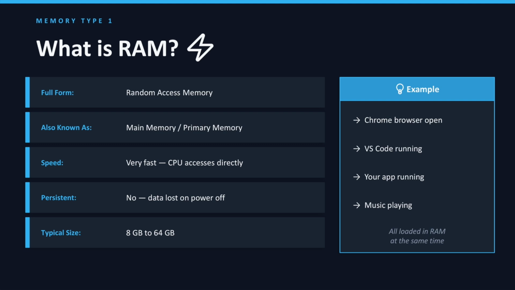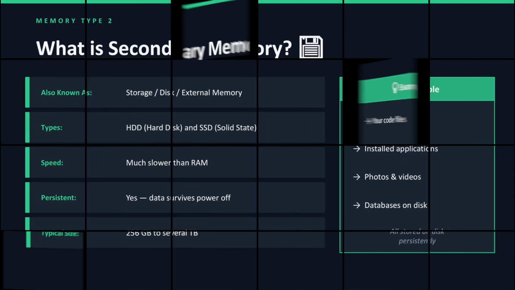The moment you switch off your computer, everything in RAM is wiped. In terms of size, most computers today have between 8 and 64 gigabytes of RAM. So when you have Chrome, VS Code, and your app all running at the same time, all of that is loaded and running in RAM.